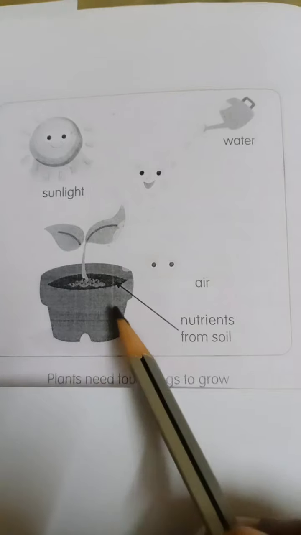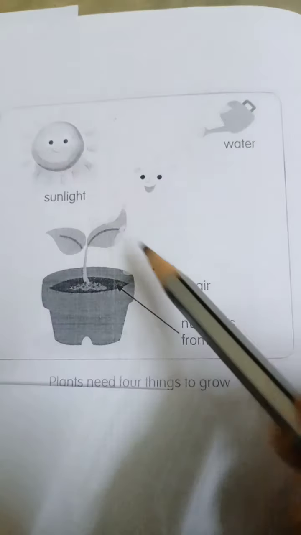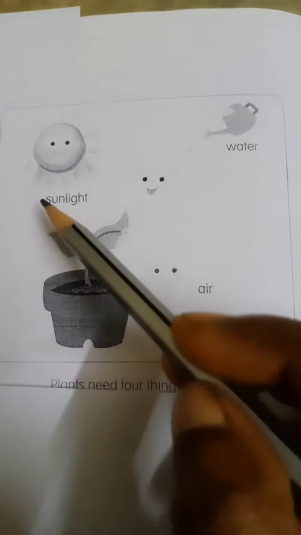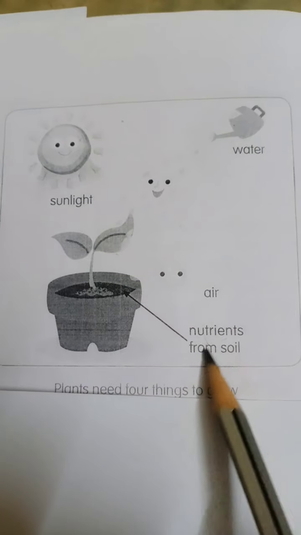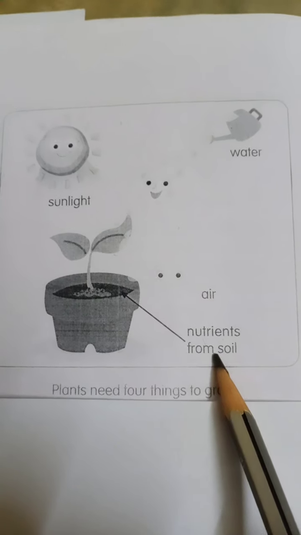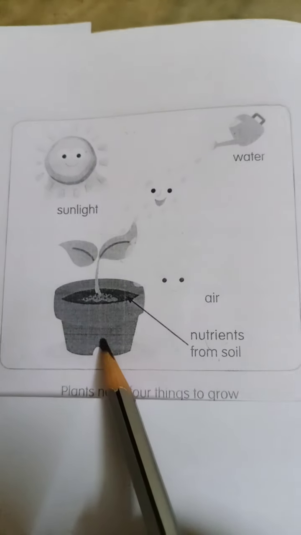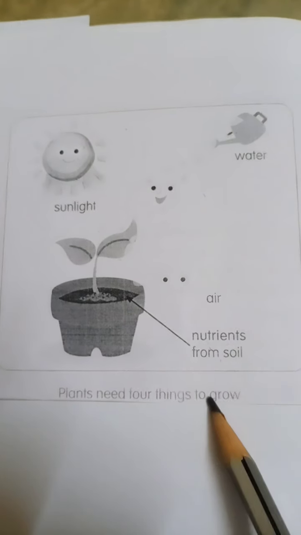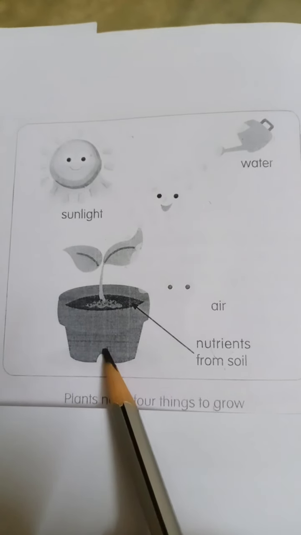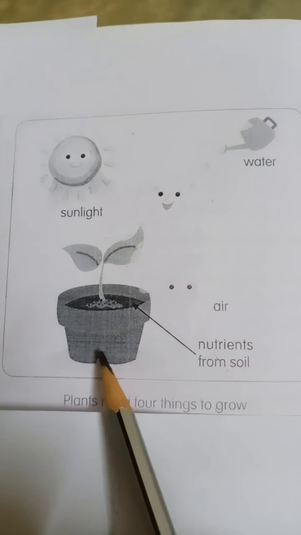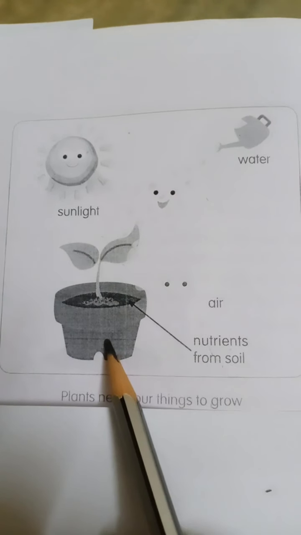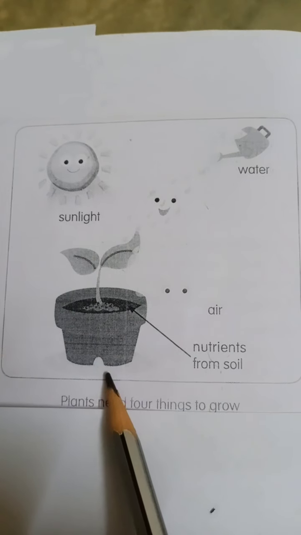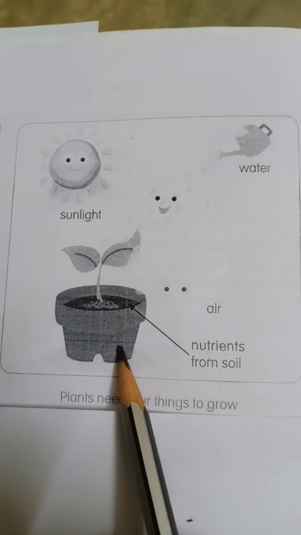If a plant does not get these things, like water, air, sunlight, and nutrients from the soil, it will not grow. So, these 4 things are very important for the growth of plants.